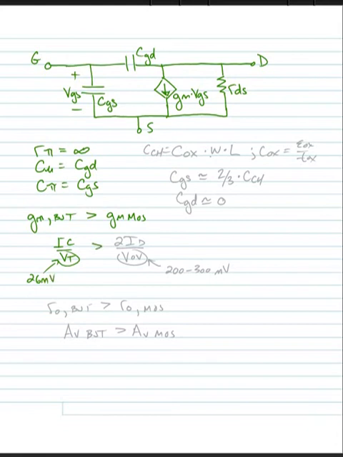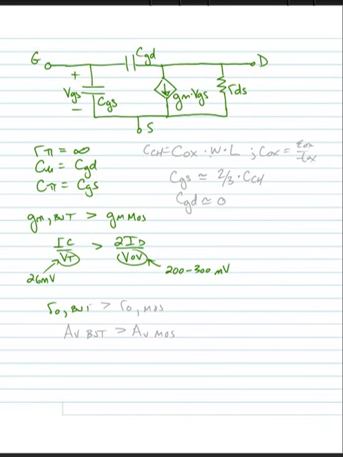And we know for our MOS device that one expression we had was 2 times ID divided by VOV. Now what we'll find out as we go through the course is our typical voltages for VOV are going to be in the 200 to 300 millivolt range. So the denominator is much larger for the MOS device, and this causes the MOS device to have a smaller transconductance.